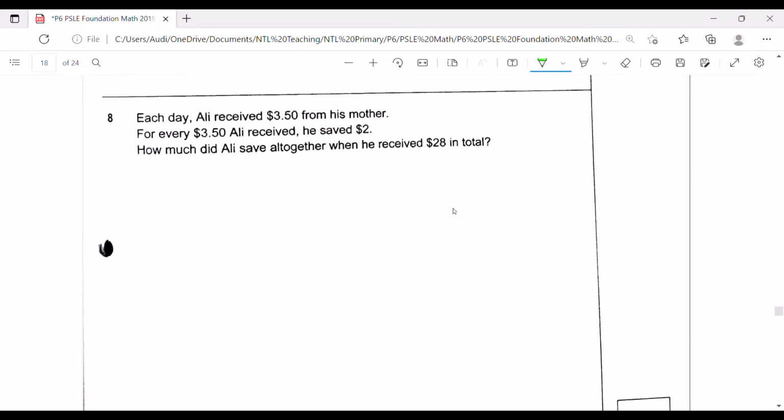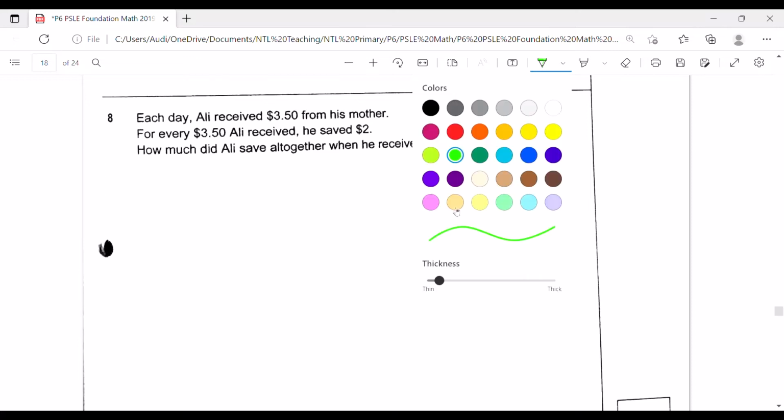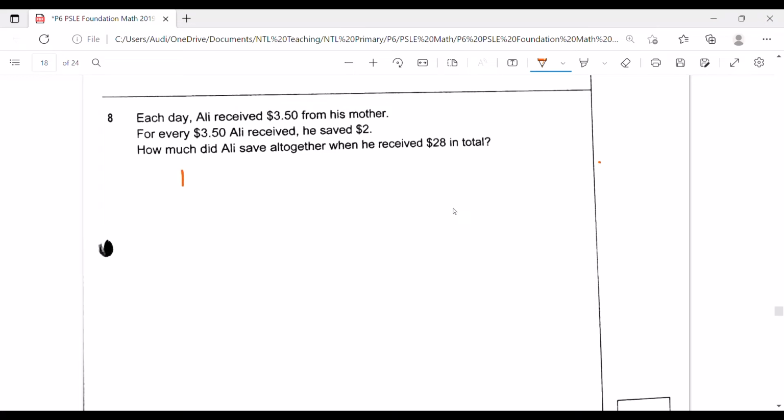Next question is question number 8. Each day Ali received $3.50 from his mother. So I'm going to write that down. One day he gets $3.50. For every $3.50 Ali received, he saved $2.